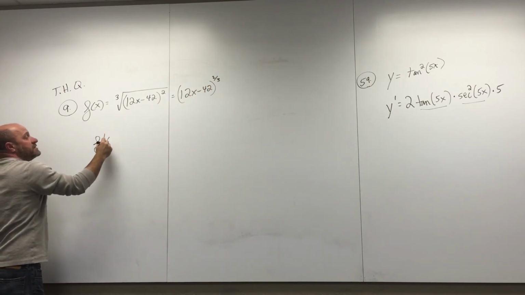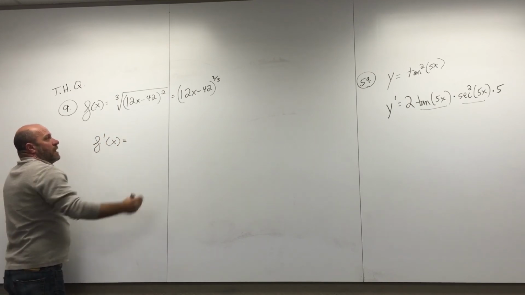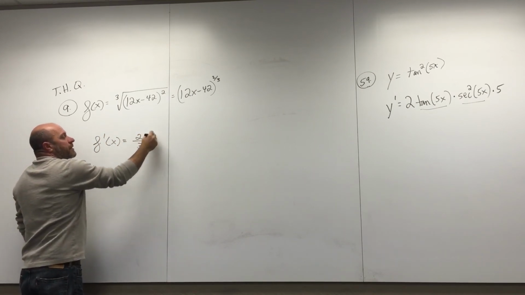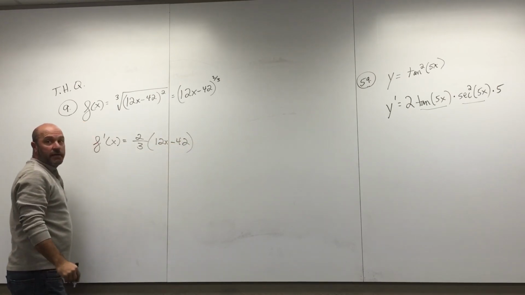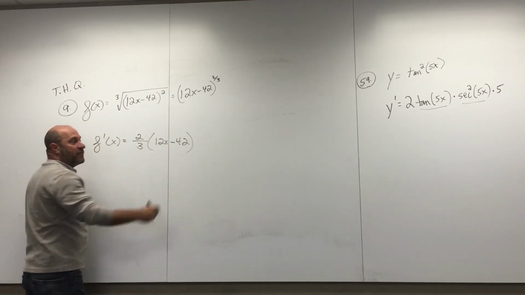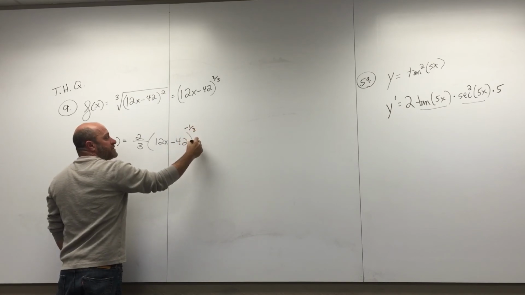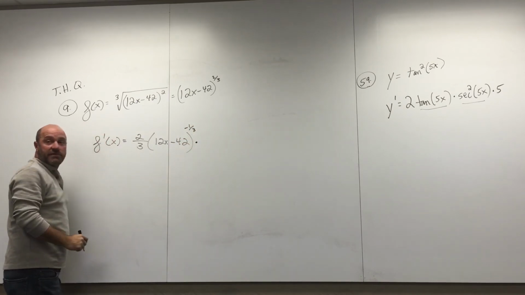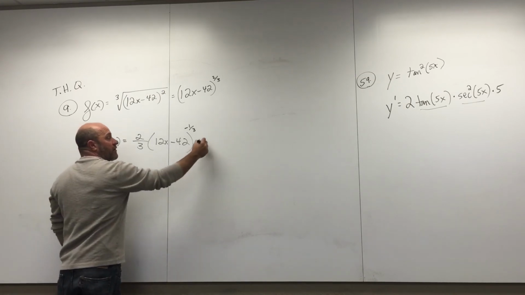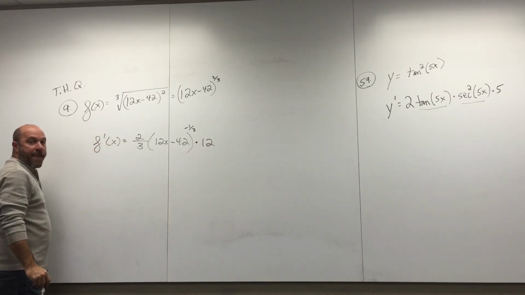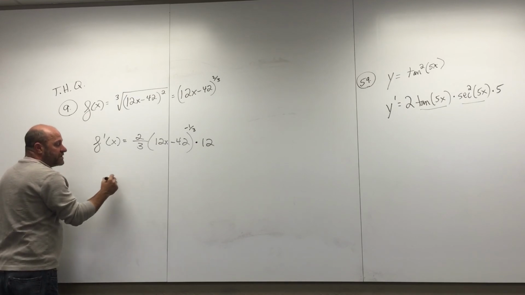The derivative is 2/3 times 12x minus 42 to the negative 1/3 times the derivative inside. The chain rule says you better do the derivative inside, which is 12. This is beautiful. Watch this derivative.